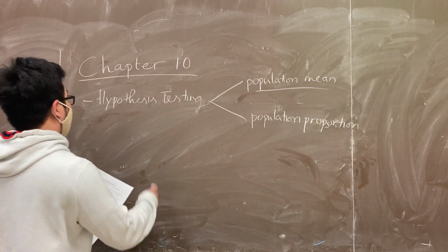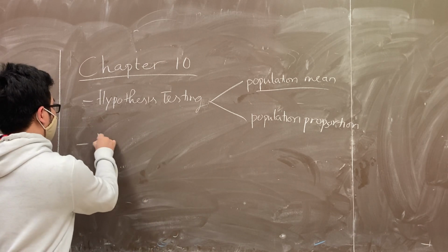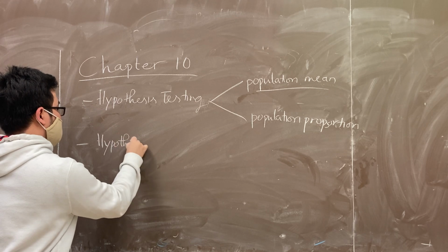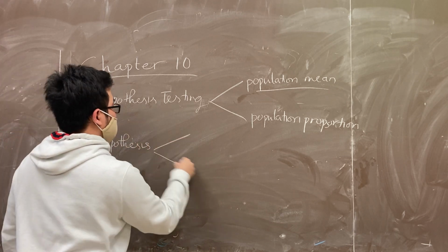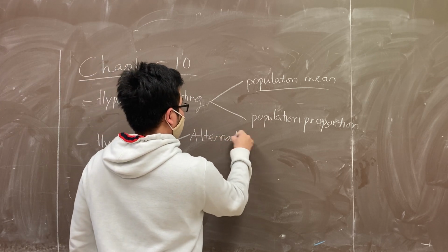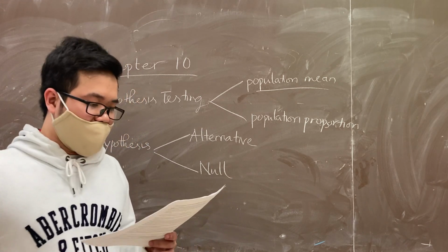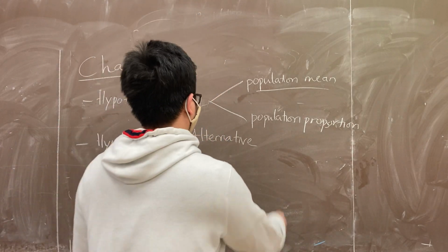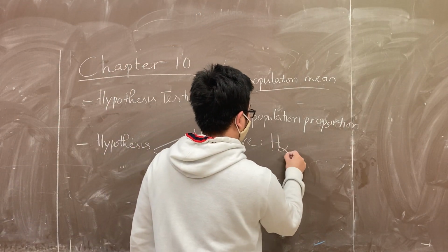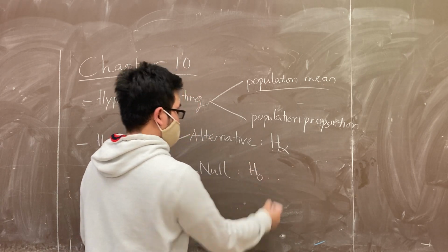Regarding hypotheses, we have two kinds: the alternative hypothesis and the null hypothesis. The alternative is denoted by H alpha, and the null is denoted by H0.